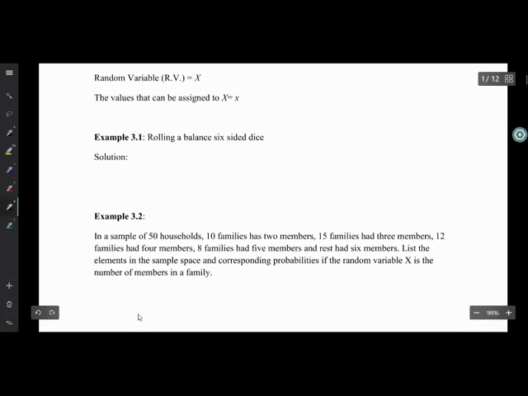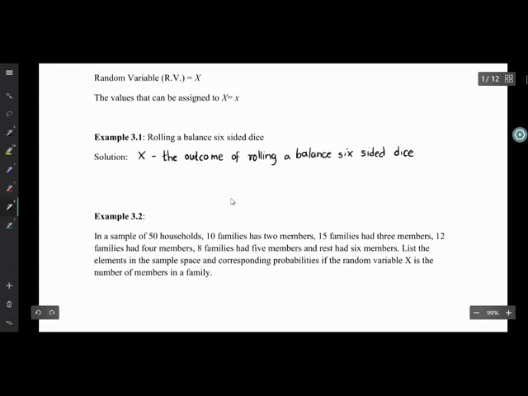If we denote our random variable X to be the outcome of rolling a balanced six-sided dice, we know that a dice contains 6 sides, so we may end up with one of these 6 sides.